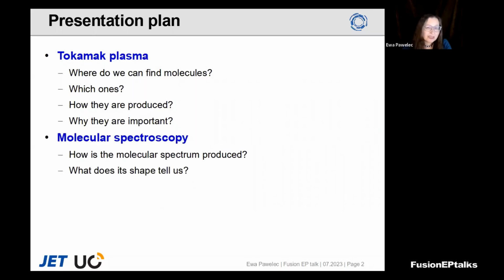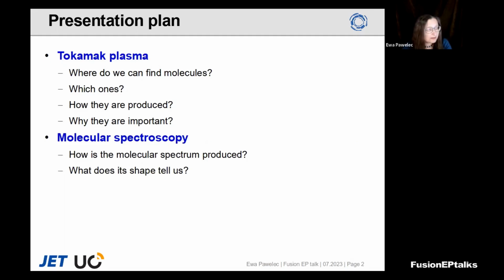Then I will talk a little bit about the molecular spectroscopy and especially how the molecular spectroscopy differs from the atomic spectroscopy, because this one is much more known for different plasmas, including the high temperature ones.